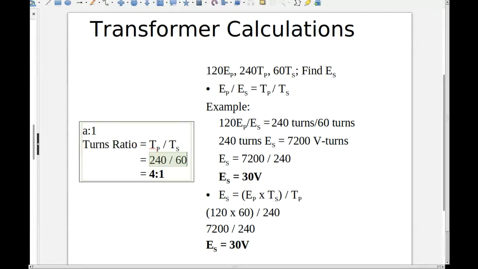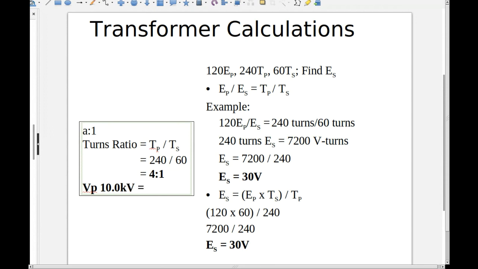All right. So again, when you look at the voltage on the primary side, to calculate the voltage, you have your voltage on the primary side. Let's say it was 10,000 volts.